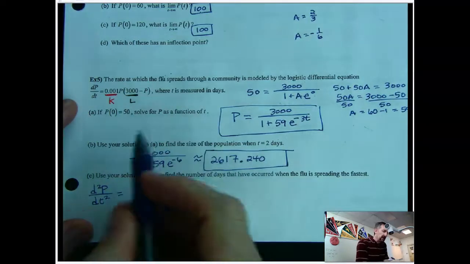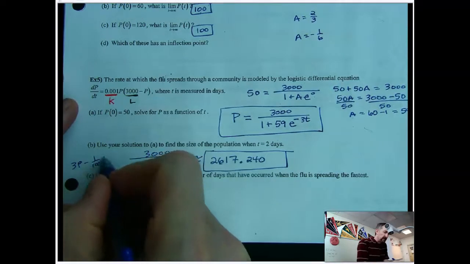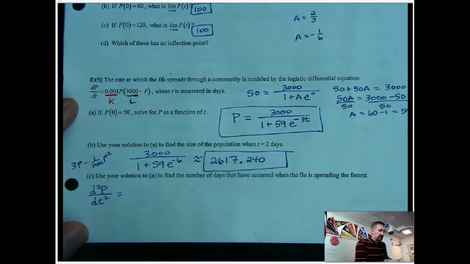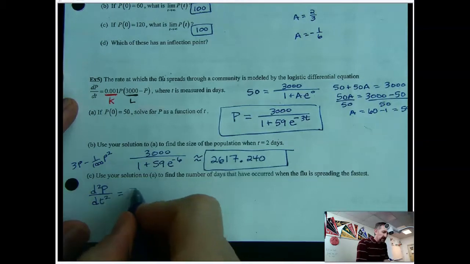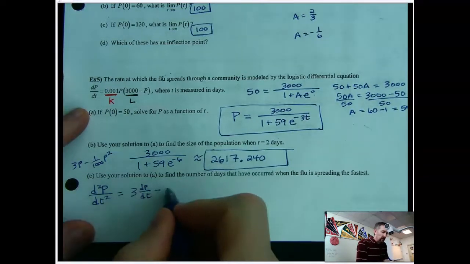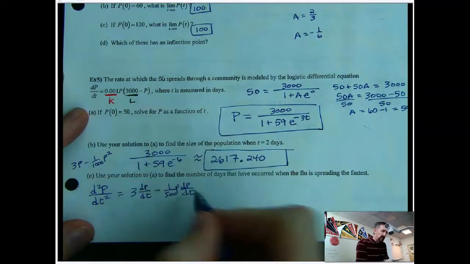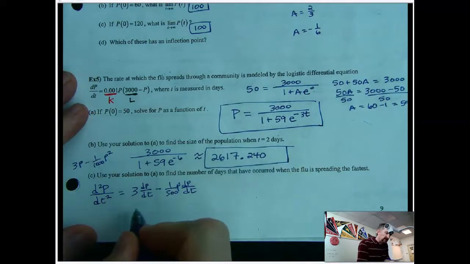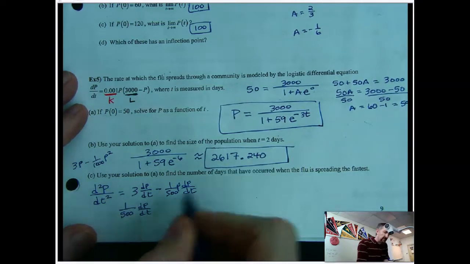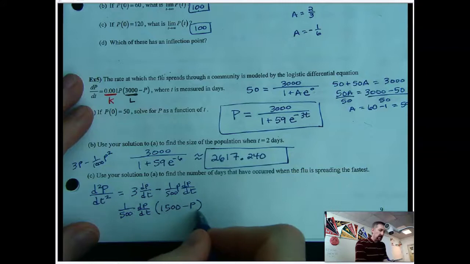So that would be 3p minus 1 over 1,000 p squared, because it's easier to take the derivative of that. So that's going to be 3 dp dt minus 1 over 500 dp dt. So if we factor that out, that's going to be 1 over 500 dp dt, and then that's going to be 1,500 minus p.